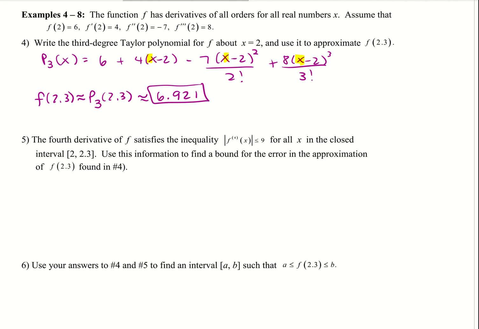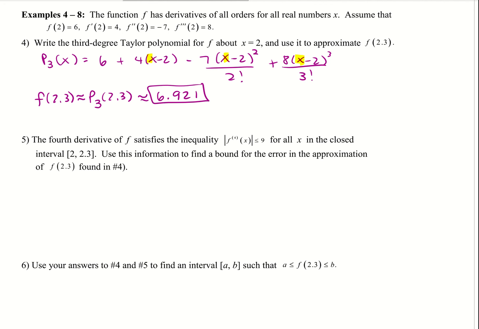We are going to find a bound of error for my approximation of f of 2.3. Remember, this was an approximation because I didn't have the remainder, right? And if I wanted a truly accurate one, I would need to add on the rest of the remainder. So my job now is to figure out what the remainder is, because that's my error in the problem, and I'm going to use that error bound in order to do this.